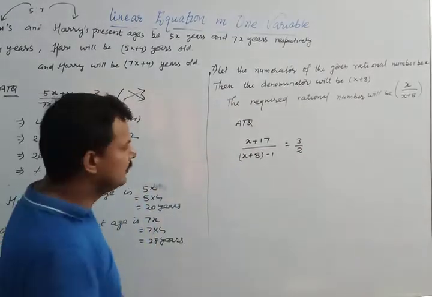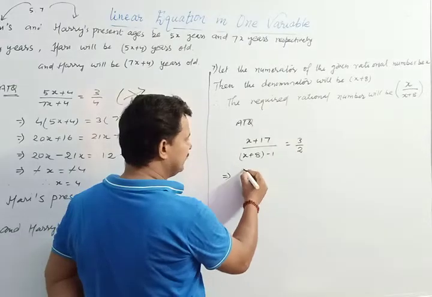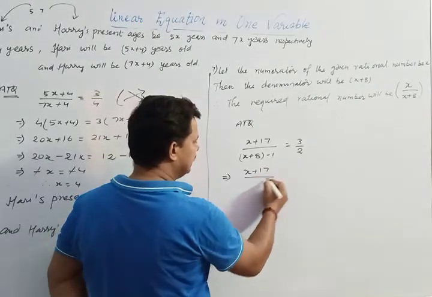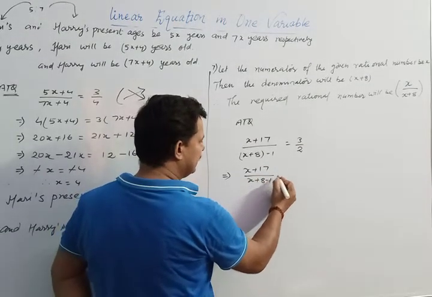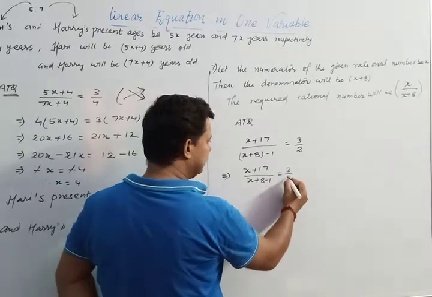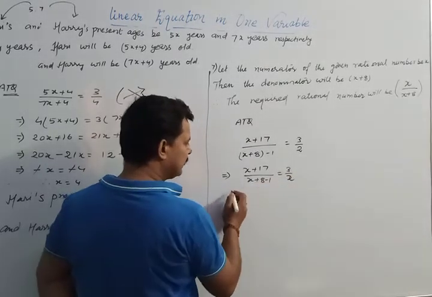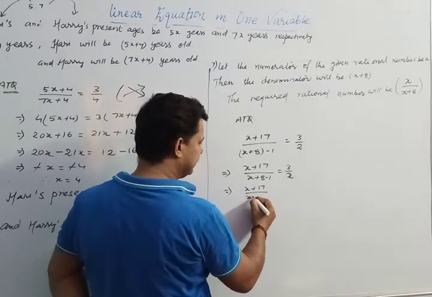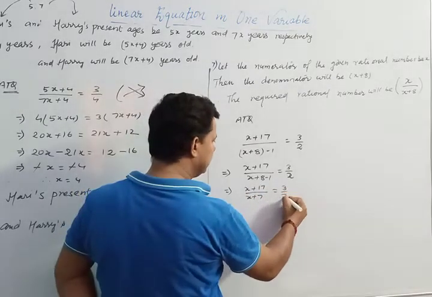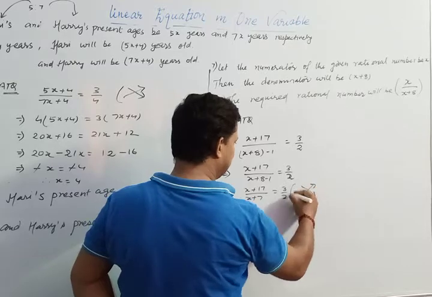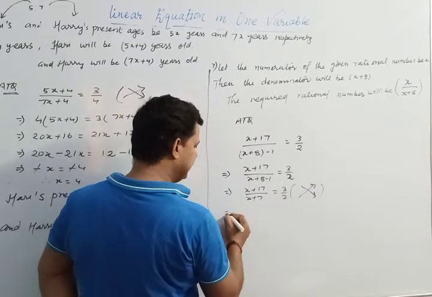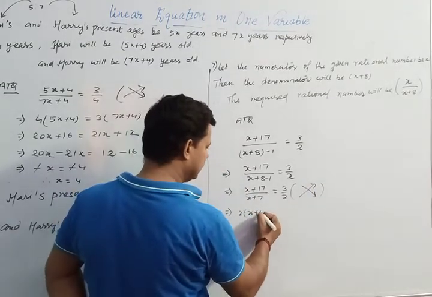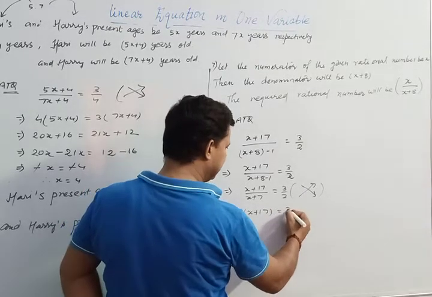3 by 2. Now we have to follow how to solve. Firstly, here you observe like terms, solve it, then you use cross multiply. These two will multiply, these three will multiply this side.